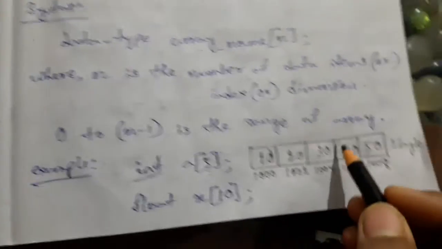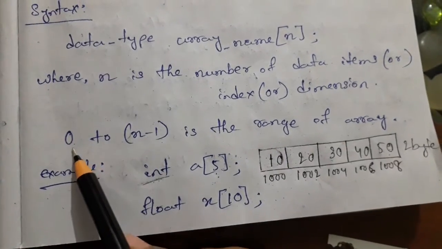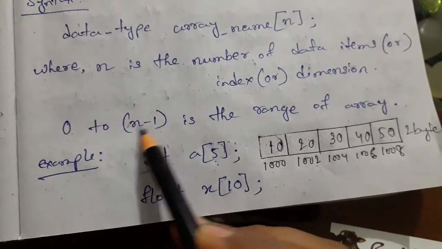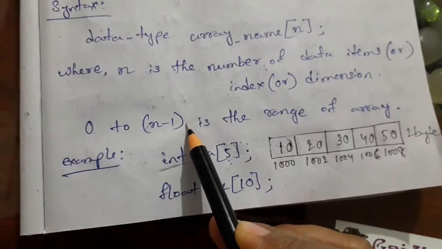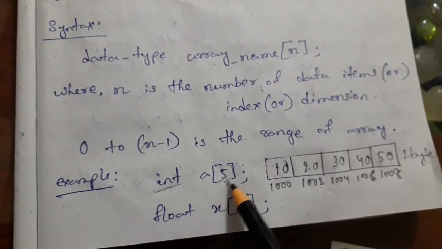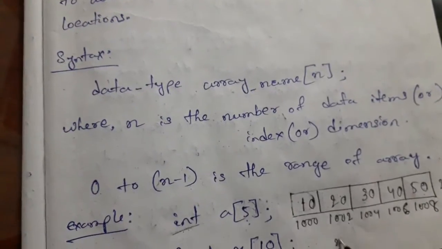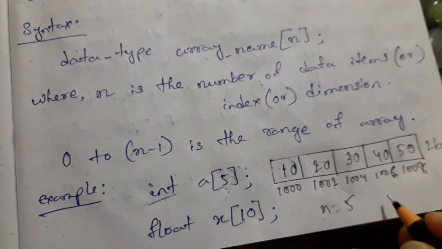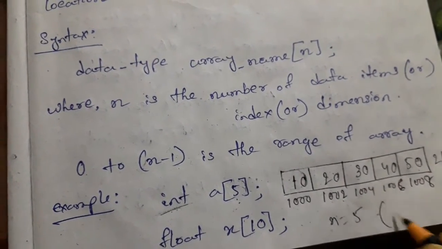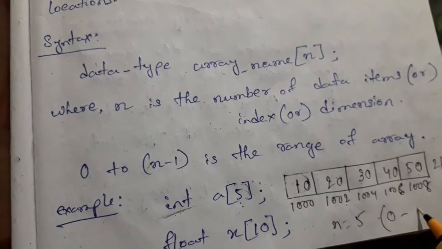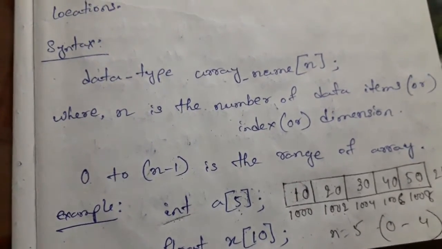Now we are going to the indexing number. How is the number actually defined? The index number will start from 0 and go up to n minus 1. As the value of n is 5, the indexing number will go from 0 to 5 minus 1, which means 4.